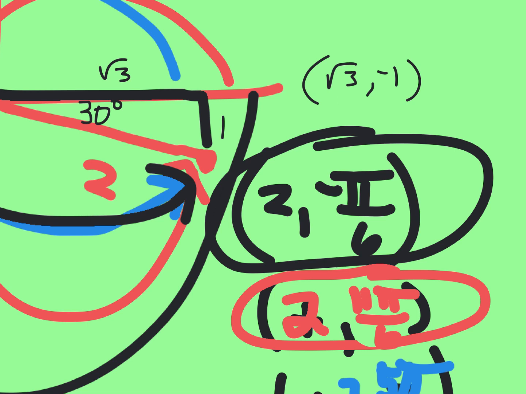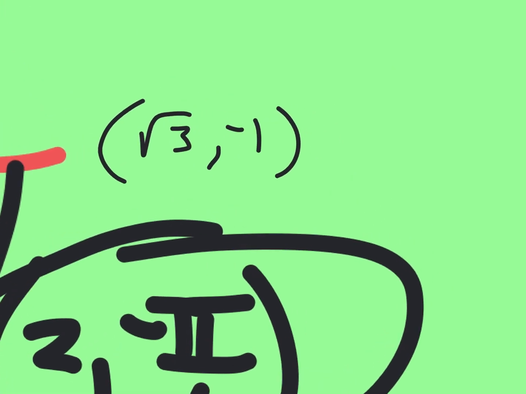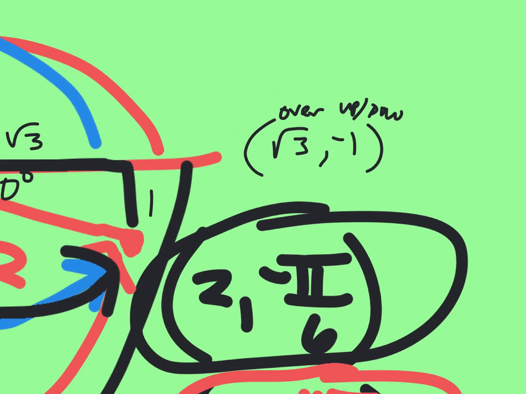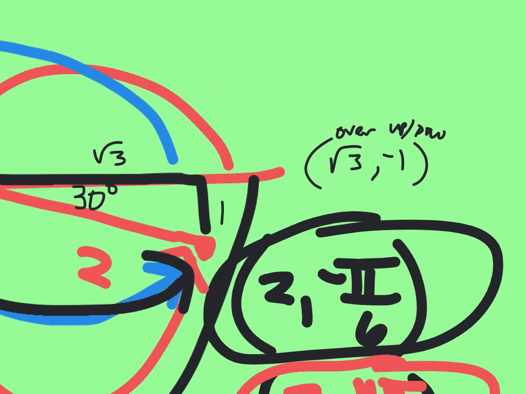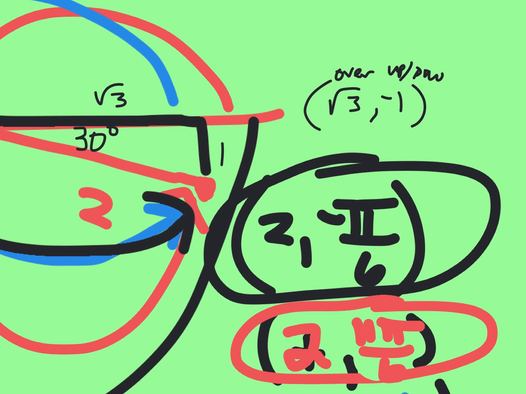We were doing polar, and then all of a sudden we changed to rectangular, and that's kind of the theme for today. It's going back and forth between rectangular and polar. This is rectangular, how you'd get there. You'd go over and then up or down. You go over square root of 3 and you go up or down negative 1. See, that's the rectangular coordinates for this same exact point right here, which was in polar.